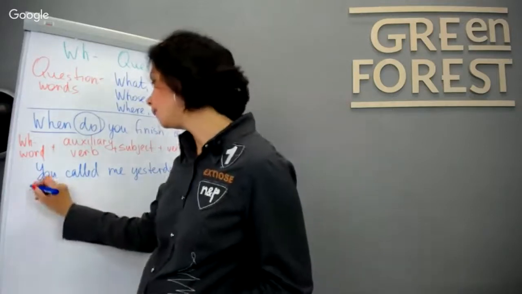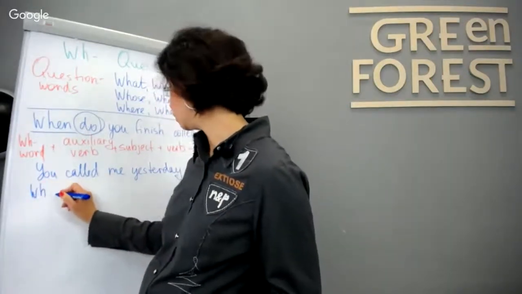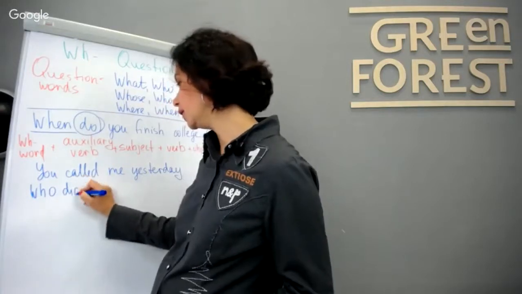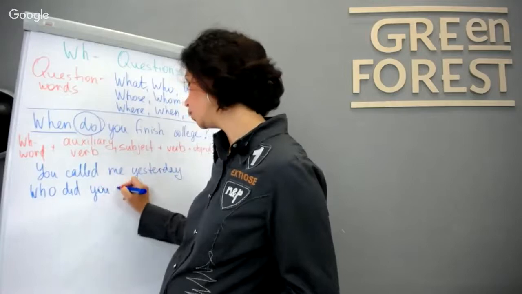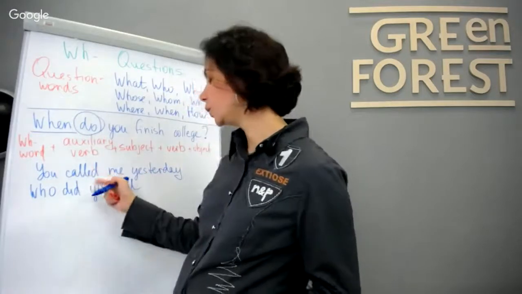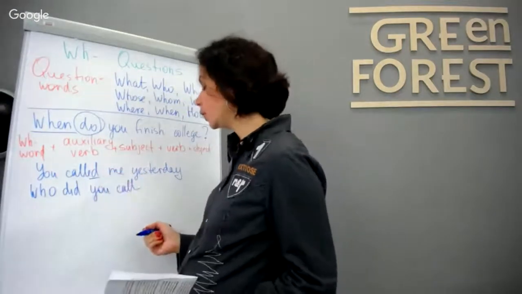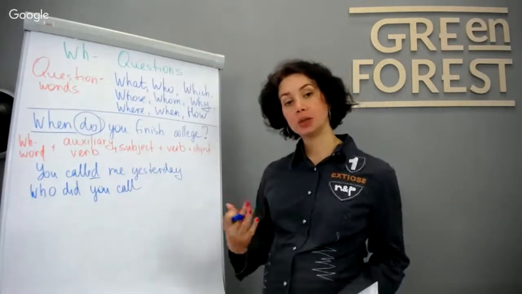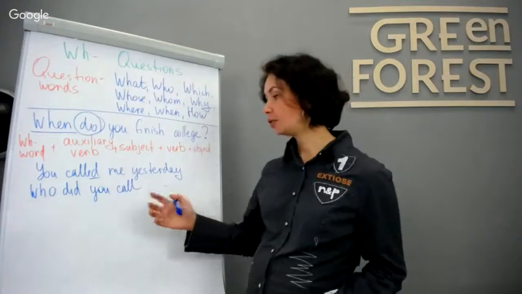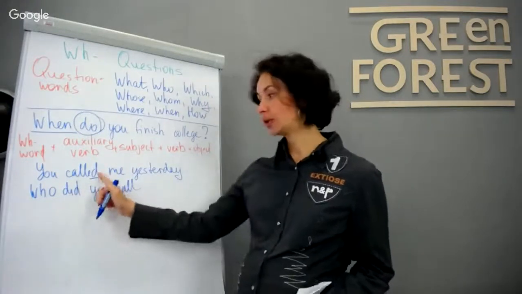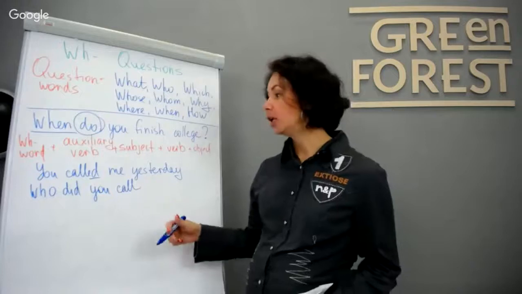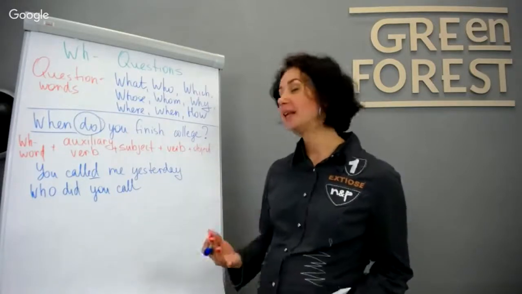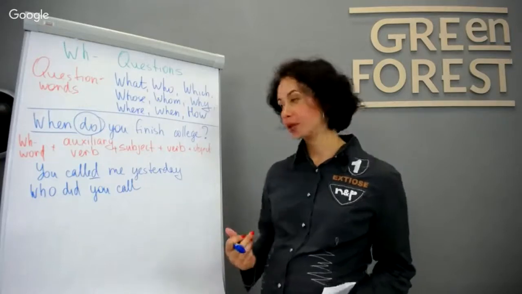So let's create, well, who, then we say, did you call? We don't use ending ed anymore because we already created the tense with did, so we don't need to double it. It's enough just to use auxiliary verb without any endings to the main verb. Like, let's imagine that did stole the ending ed and it's not used with the main verb.